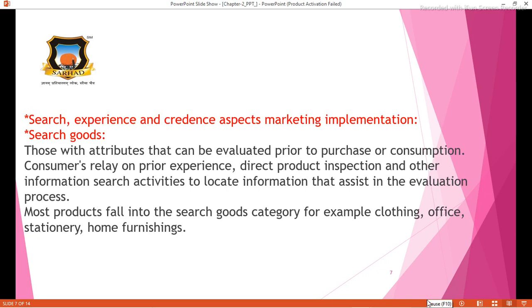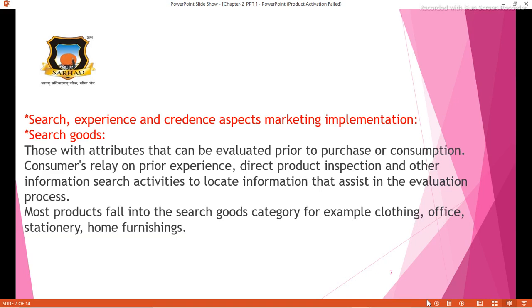So let us discuss these concepts, that is search, experience and credence aspects, and marketing implications. The first is search goods. Those are goods with attributes that can be evaluated prior to purchase or consumption.